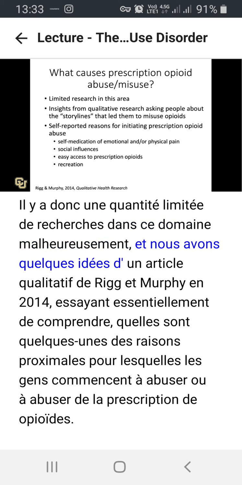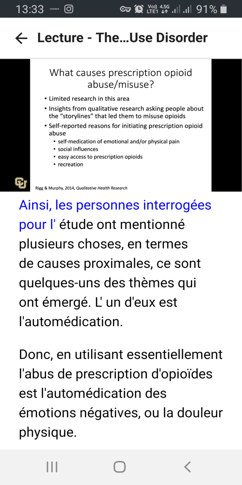We do have some insights from a qualitative paper by Rigg and Murphy in 2014, basically trying to figure out what are some of the proximal reasons that people begin abusing or misusing prescription opioids. The people that were interviewed for the study mentioned several things in terms of the proximal causes.